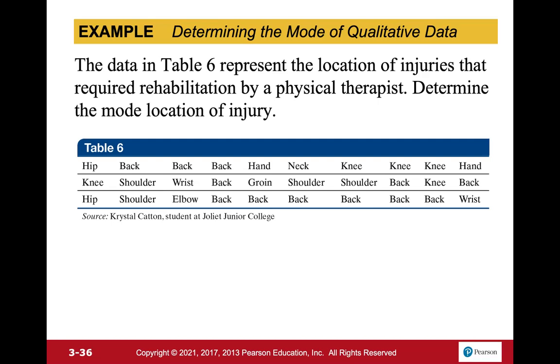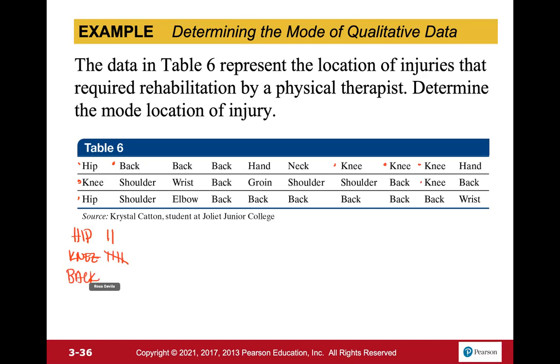So here, starting with hip. Hip, we have 1, 2. Hip, hip, hip, and it looks like we don't have any more hip. And then knee. We have 1, 2, 3, 4, 5. Next is back.